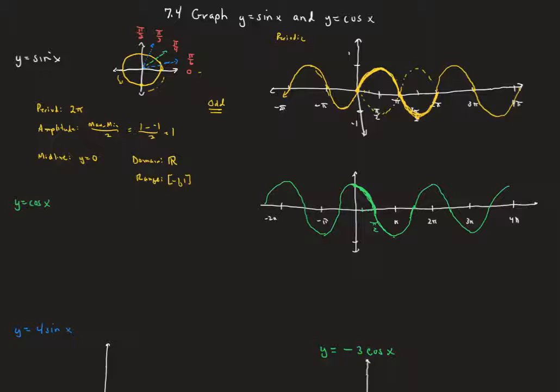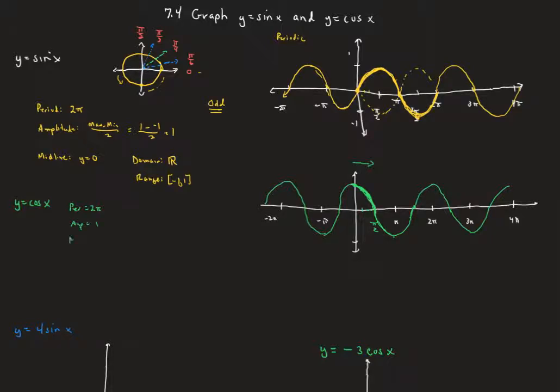And so you can see that sine and cosine are actually congruent curves. They're exactly the same size and shape, but they're just translations of each other. If you moved our cosine curve over pi over 2, it would be a sine curve. It would be identical. So its period is also going to be 2 pi. Its amplitude is also going to be 1.